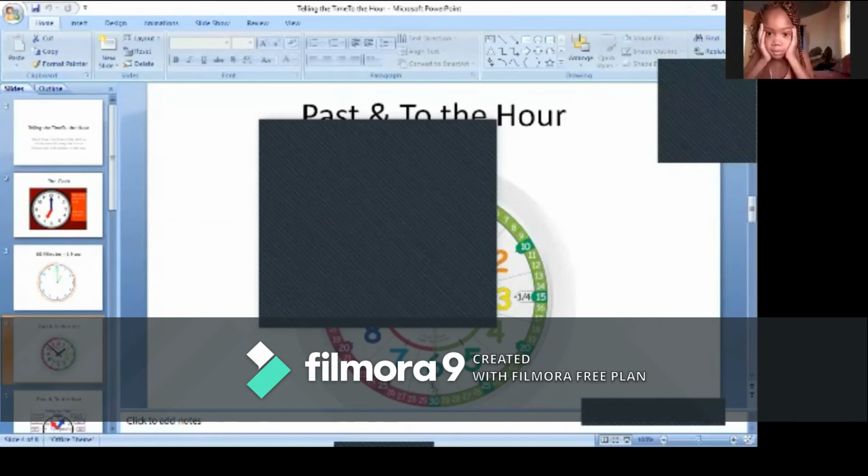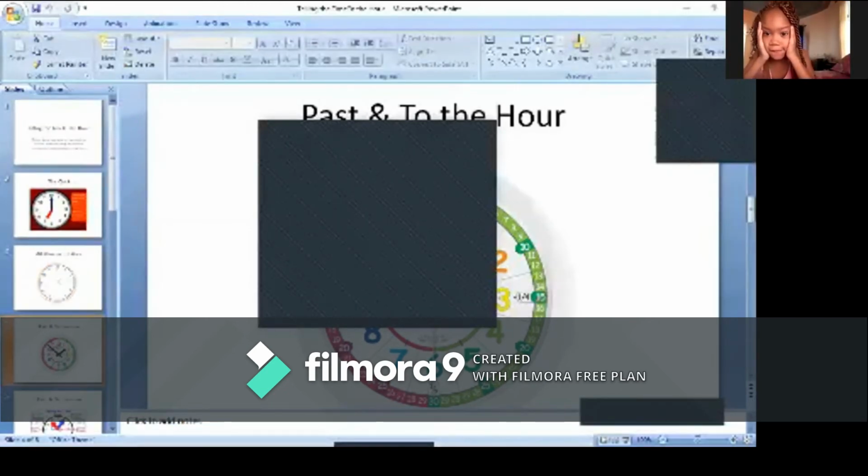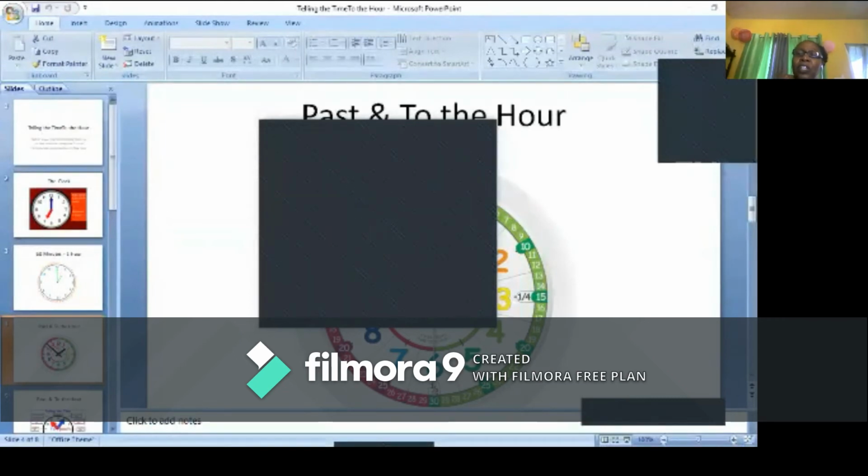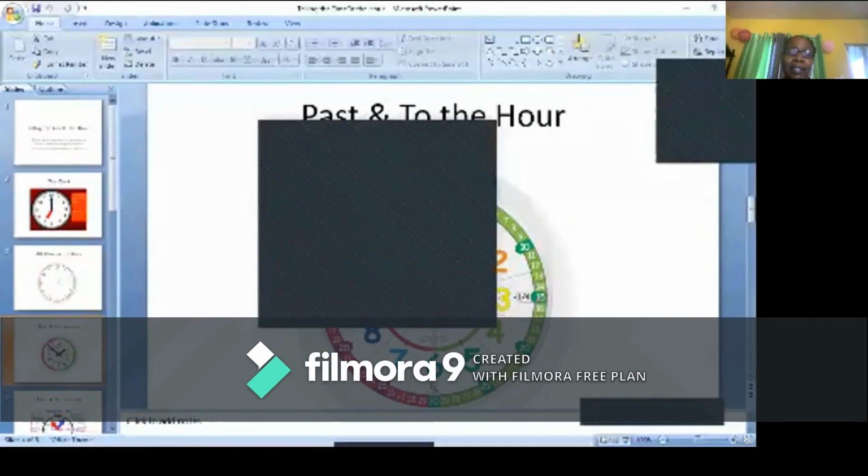How many minutes are left between the 11 and the 12? Look at your clock. How many minutes are left before the long one reaches the 12? 5 minutes. Very good. So we can say 5:55 or 5 minutes to 6, because 5 minutes are left.